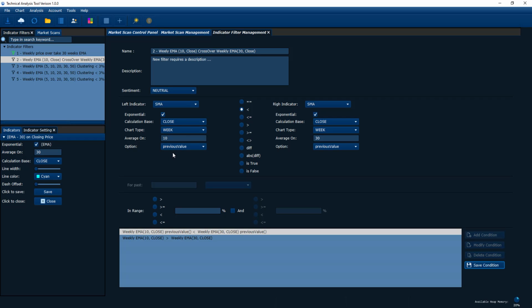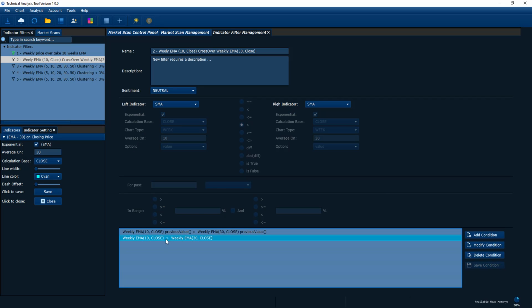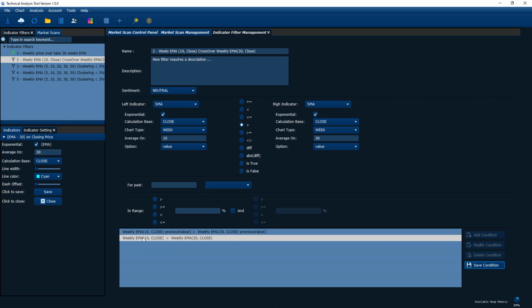We get the previous week's value because we picked the weekly chart, and this previous EMA value has to be less than the previous 30 weeks EMA. So the previous week's 10 weeks EMA has to be less than the 30 weeks EMA. And the other condition is that this week's 10 weeks EMA has to be above.